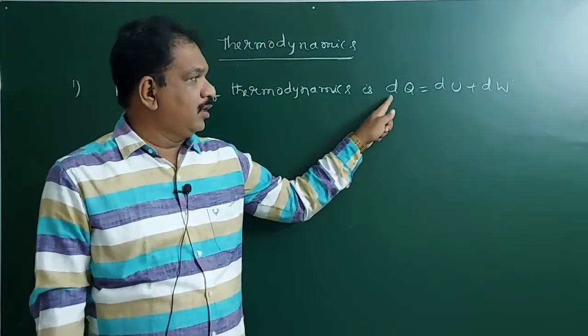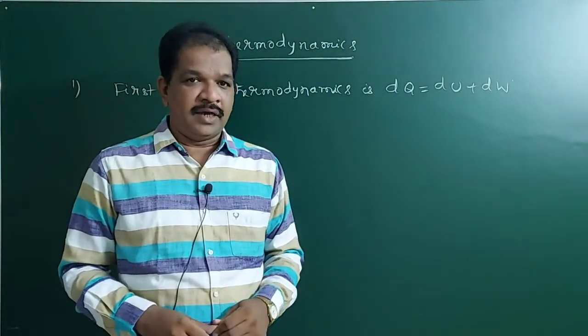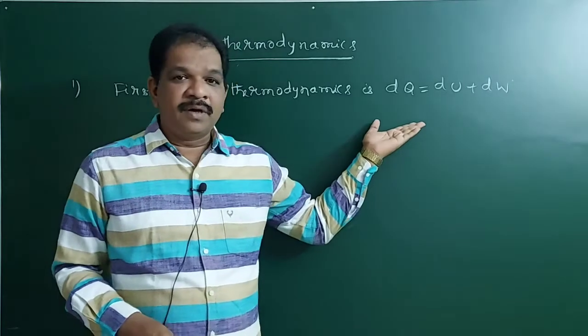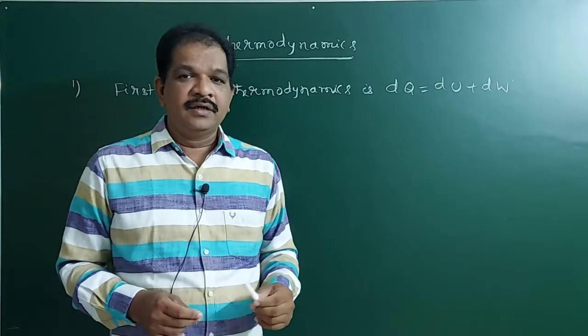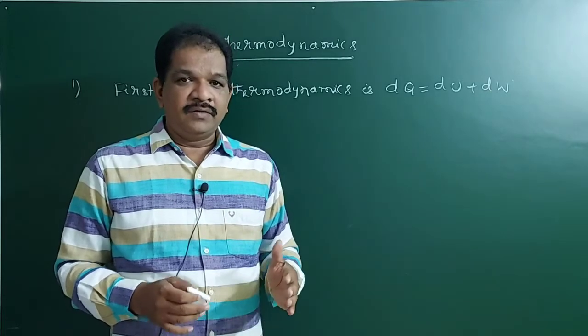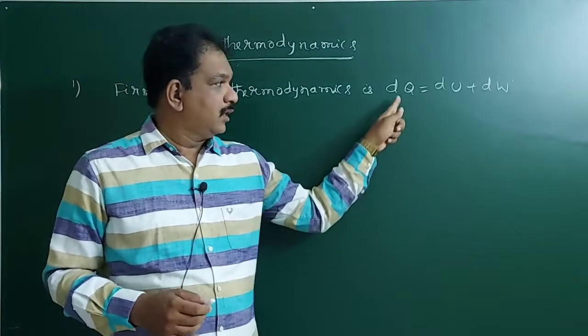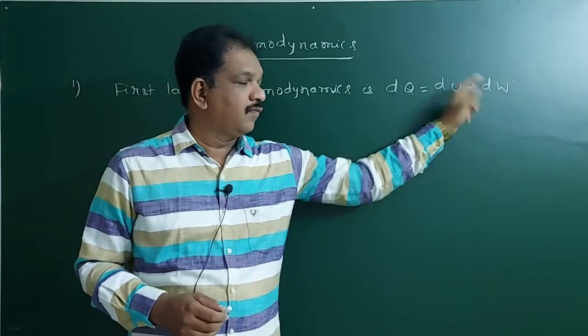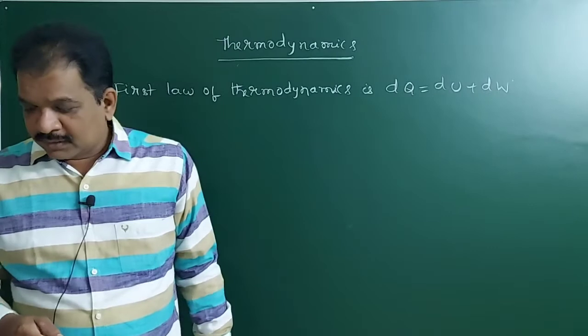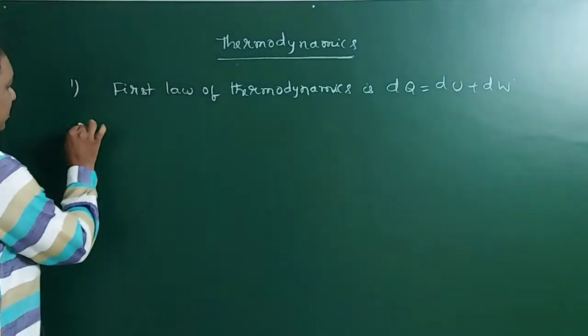If we give dQ heat energy to a gas, some part will be utilized to increase the internal energy, some part will be utilized to do the work. Heat energy, increase in the internal energy, work done. That is first law of thermodynamics.